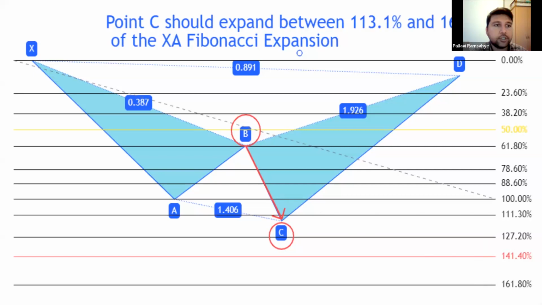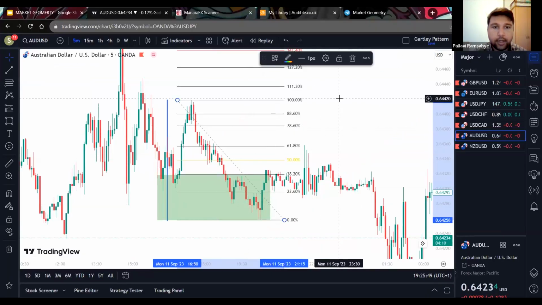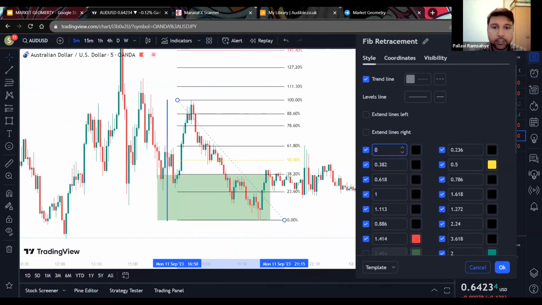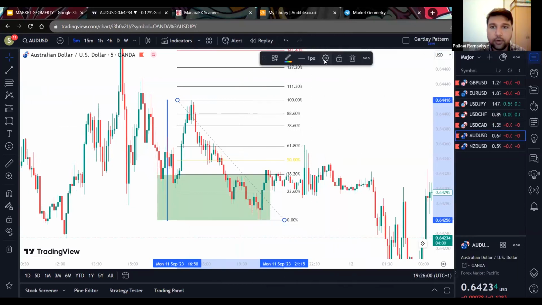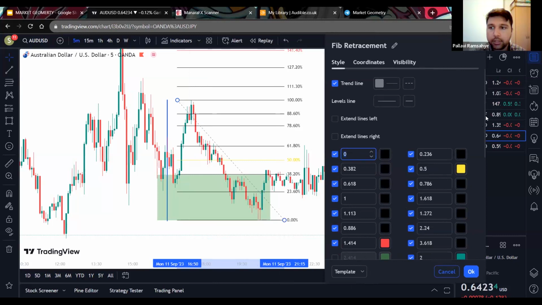I might, however, show you how to change your Fibonacci to recognize an expansion. Okay, so if you click on your Fibonacci on TradingView, you go into this cog, this wheel here, it says settings, and then we go down to the bottom here.